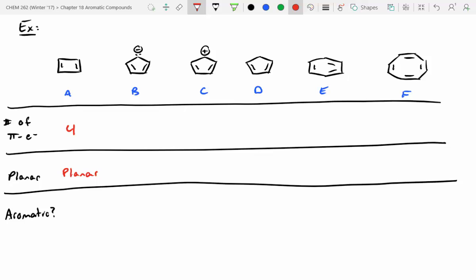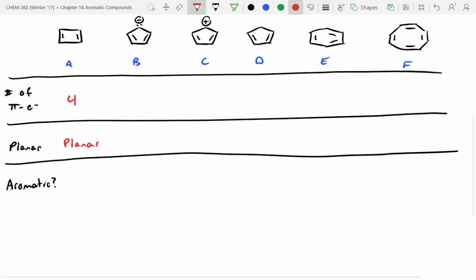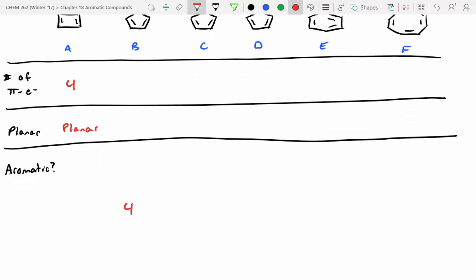So 4n plus 2 is the total number of pi electrons necessary for a molecule to be aromatic. So if we say 4n plus 2 in this case needs to equal 4, is there an integer that satisfies this equation?